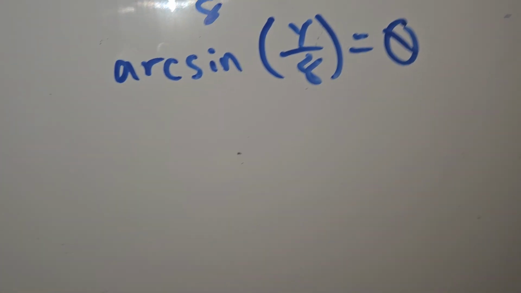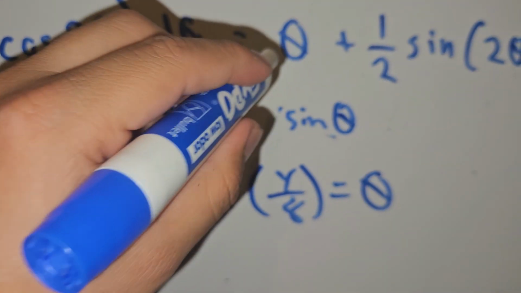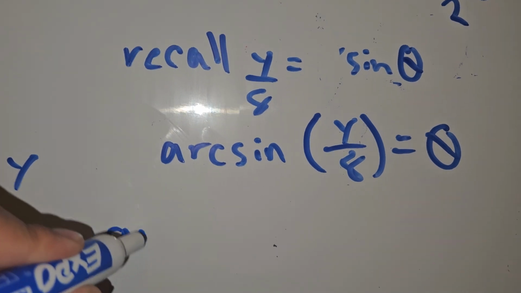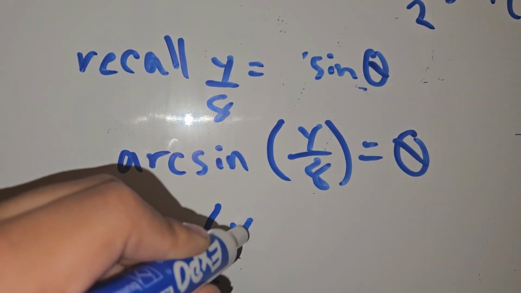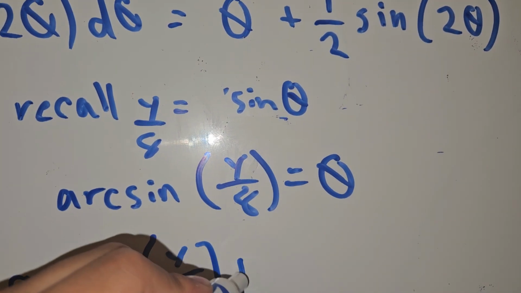So now we found theta. Let's put this in here. So now we have arc sine y over 8 plus 1/2.